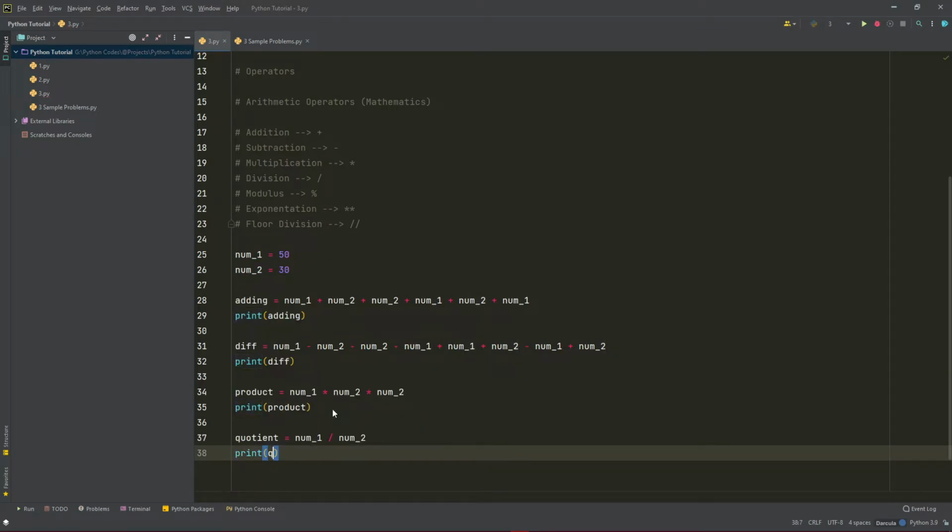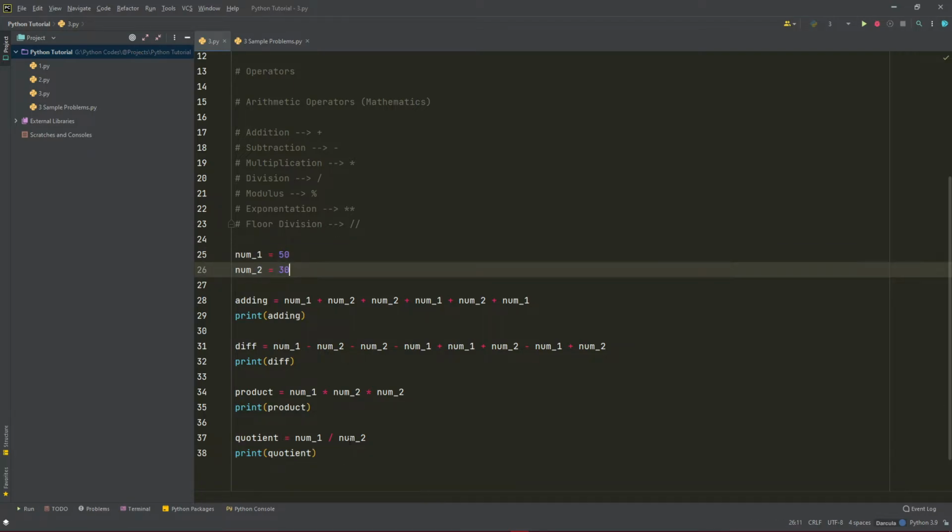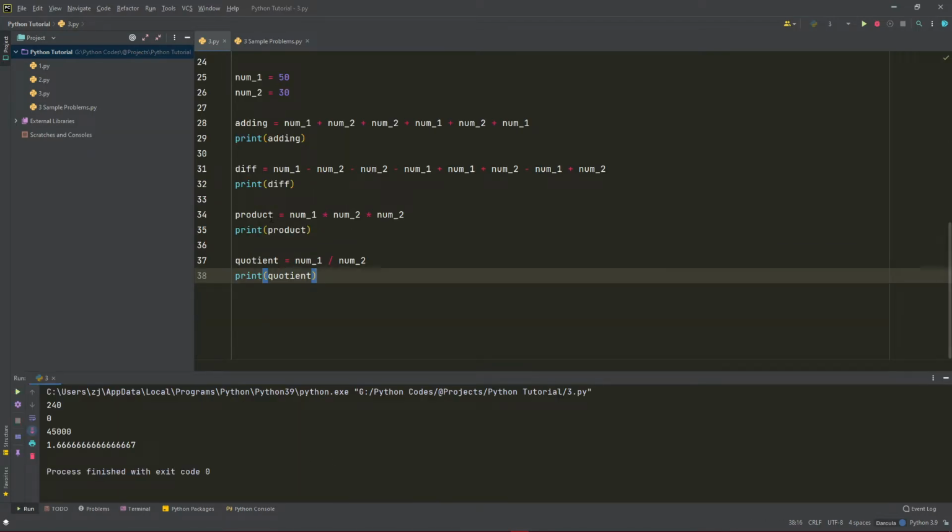Now, if you print this, we should basically have decimal numbers, because this will never be a whole number, right? So 1.666, there's a lot. So this is very powerful when you are calculating something, guys, because this is for accurate measurements, and there's a lot of decimal numbers here, which is very powerful for a programming language to acquire, right?